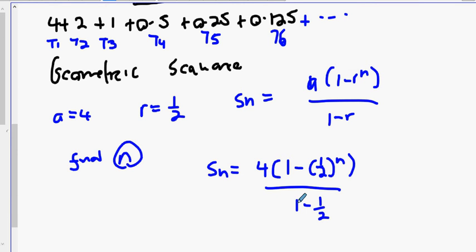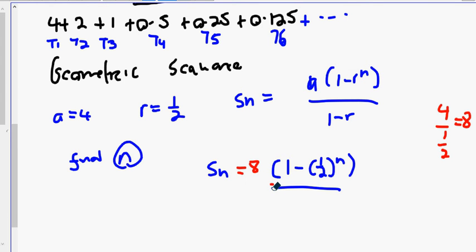Now 1 minus a half is basically a half, and then 4 divided by a half equals 8. Okay, so what we're thinking here is that we can just get rid of this here and equals 8.